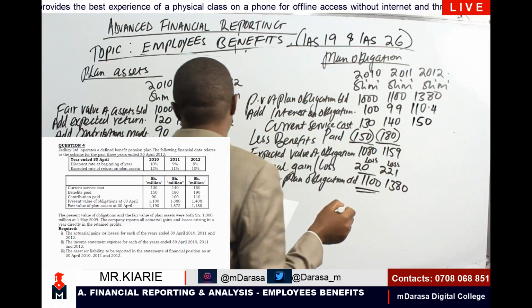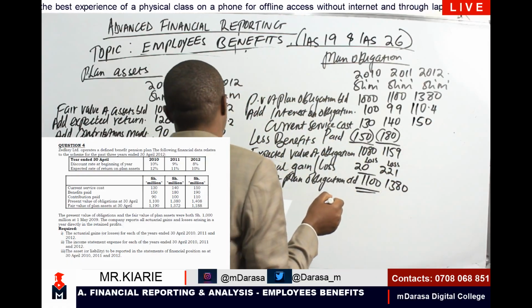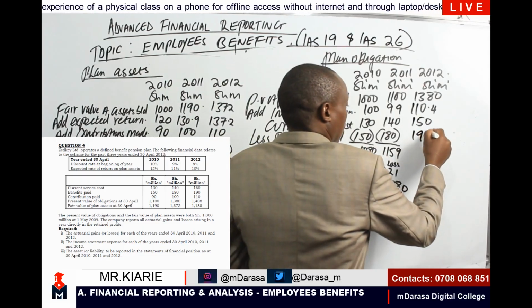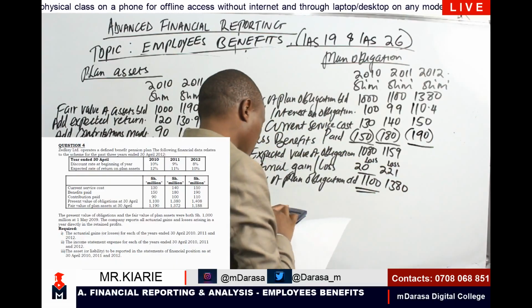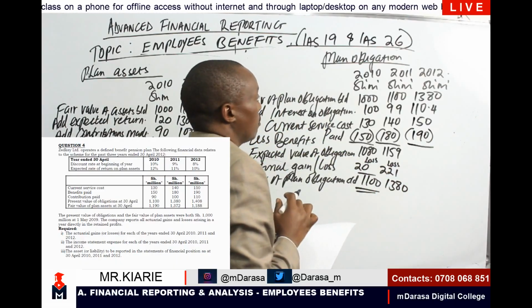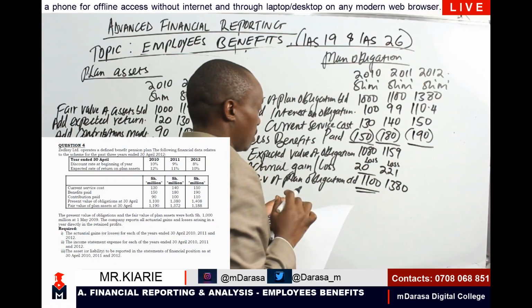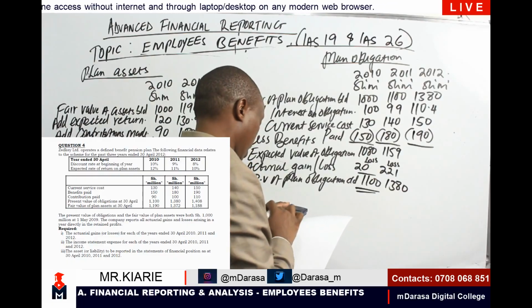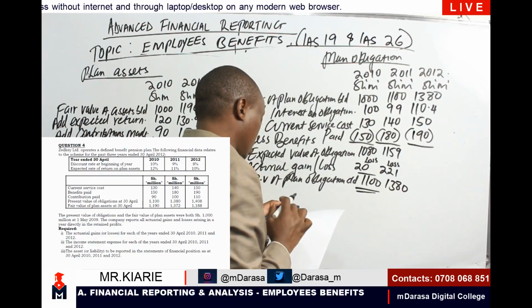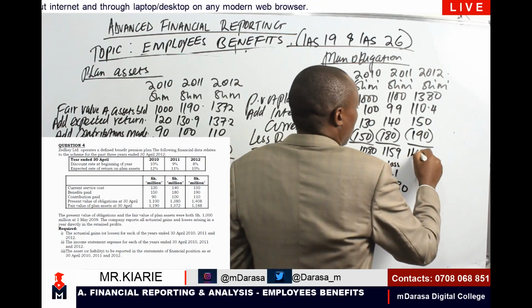And the benefits paid in 2012 were 190. And therefore, my expected value at the end of 2012 will be, I work it out, it gives me 1,450.4.